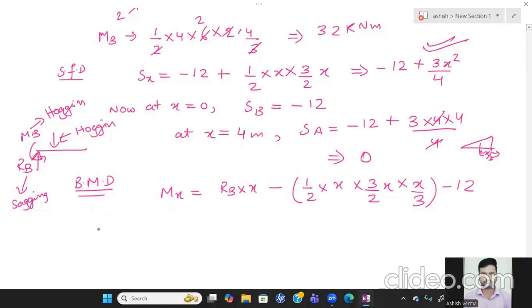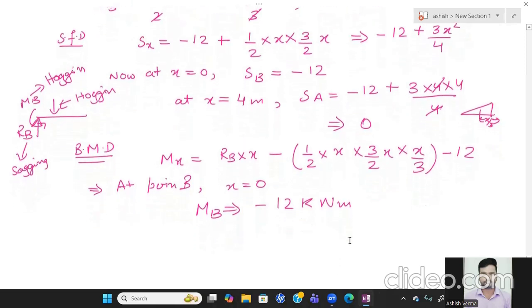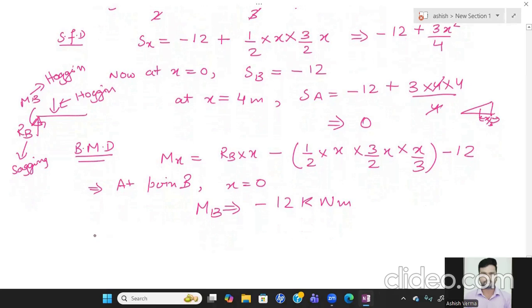So let us find the value of Mx at the section at the point B, that is x is equal to 0. At x is equal to 0, we can see that the moment at B is coming as minus 12 kilonewton meter. And for the free end, the moment should be 0. If we check it by calculation, for the free end, that is at point A, x is equal to 4 meter.